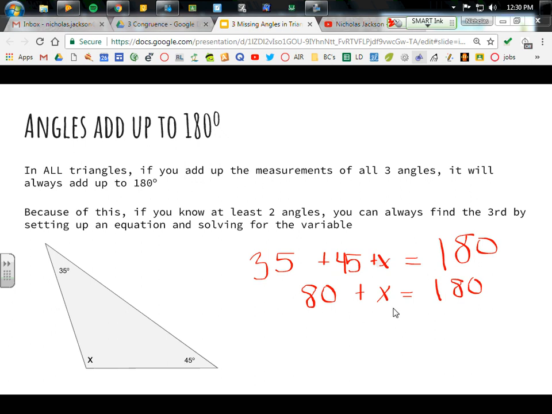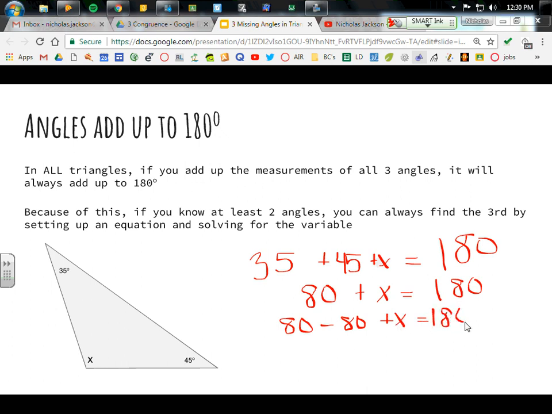All right, well, how do we figure out what x is all by itself? We need to get rid of this 80, and we do so by subtracting 80. So 80 minus 80 plus x equals 180.